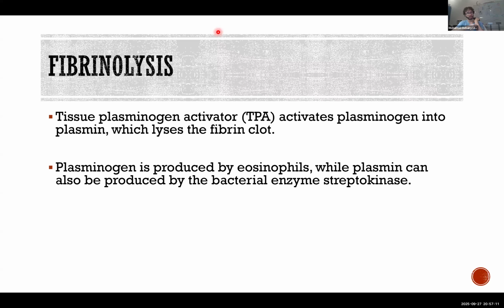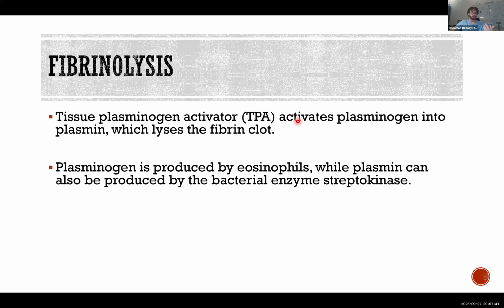Sometimes when you get an injury, they always tell you, be careful of an infection, be careful if bacteria invades. It's because bacteria have an enzyme called streptokinase. Streptokinase makes plasmin. If you're bleeding and there is streptokinase, the moment your body starts making clots, this streptokinase will make plasmin, which will destroy these clots, which is not good. You're going to keep on bleeding and bleeding and bleeding. The wound won't heal.